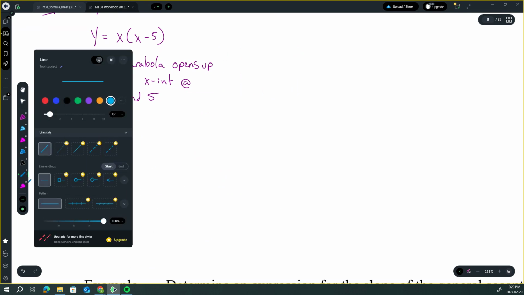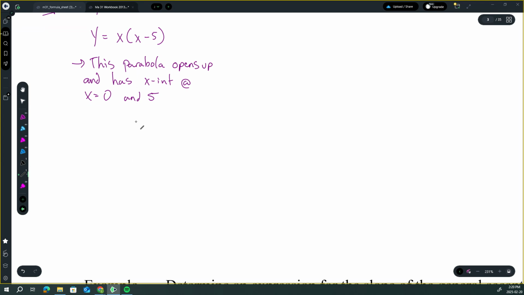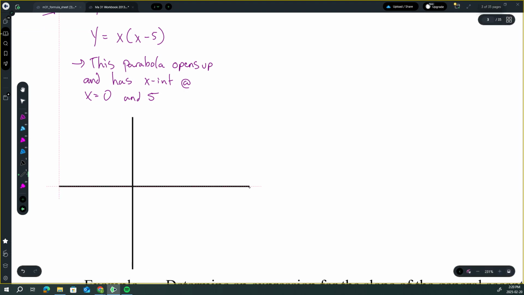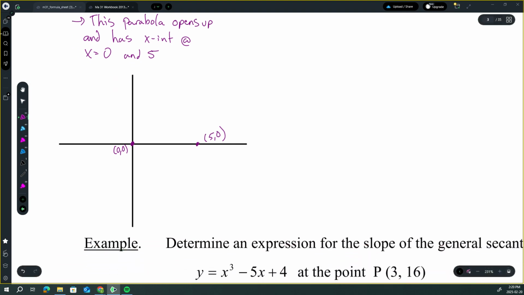So I'm just going to quickly draw a little Cartesian plane here as best I can. I'm going to draw my x-intercepts at (0, 0), and we'll say that's where (5, 0) is. Okay, actually, you know what?